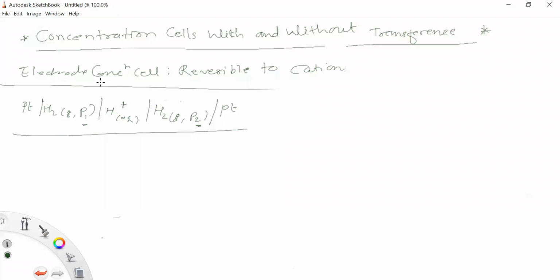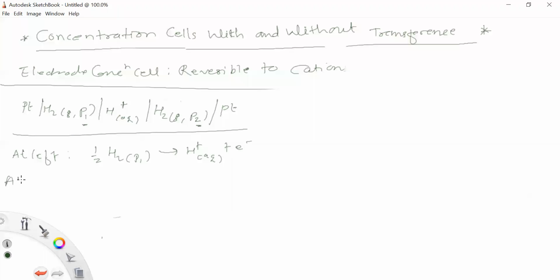The electrode concentration cell happens only with amalgamated and gas electrodes, right? So the cell reaction occurs at the left hand side: we know that H2 at pressure P1 gives H plus aqueous plus electrons.